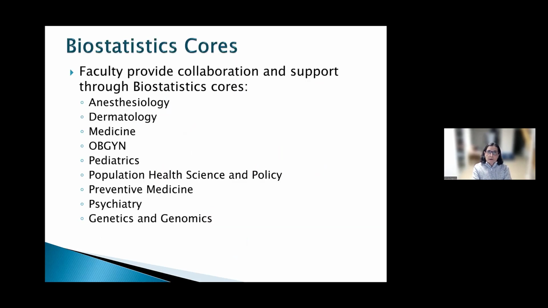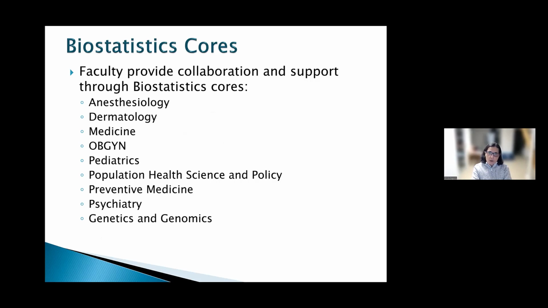So how do we offer our services? I would say that the easiest thing to collaborate with us is through a biostatistic core. A biostatistic core is a dedicated support to a particular investigator or a particular group of investigators within a department.